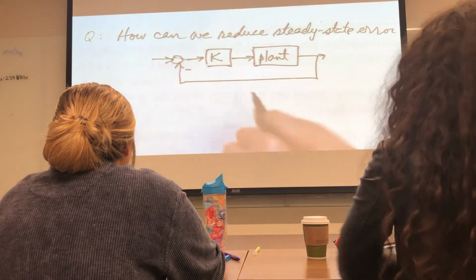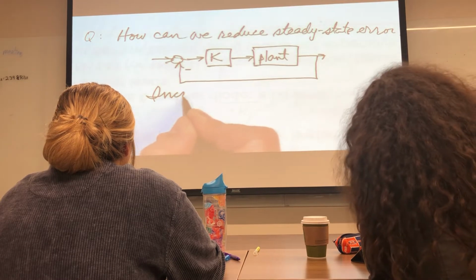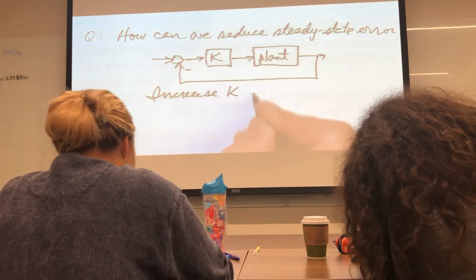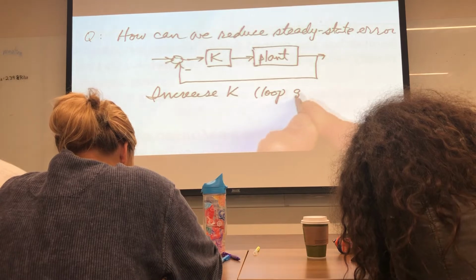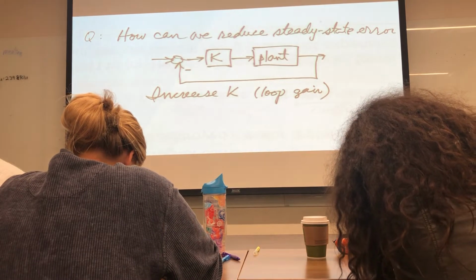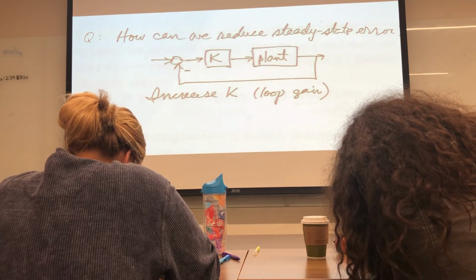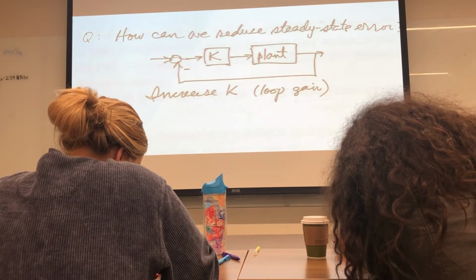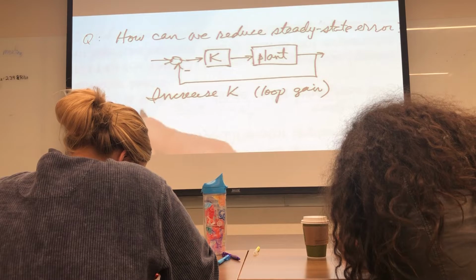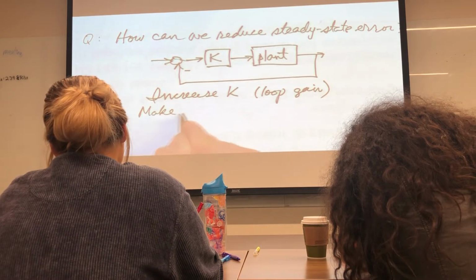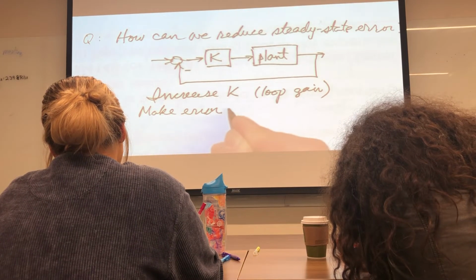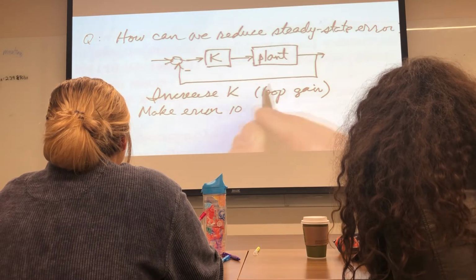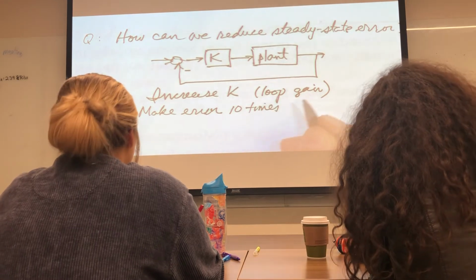All right, so what we can do is increase K. Increase the loop gain. Let's say, and this is what's happened, we can make the error 10 times smaller.